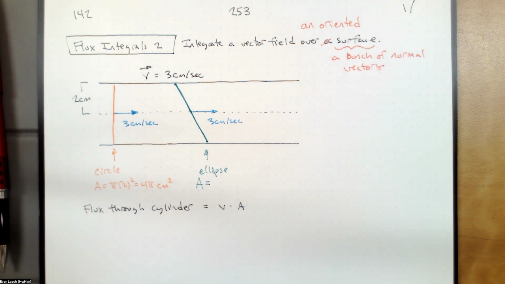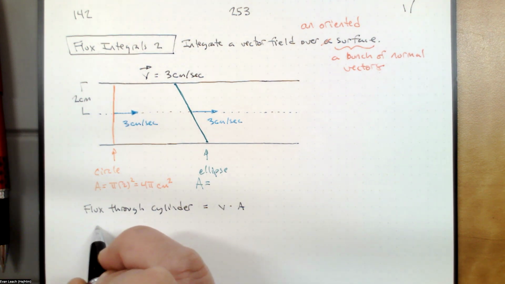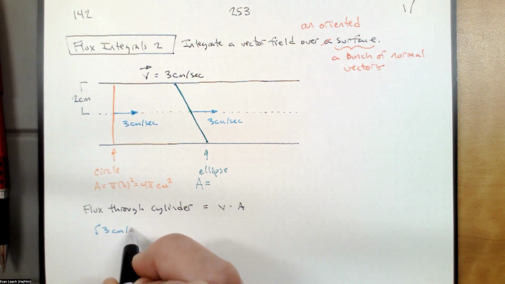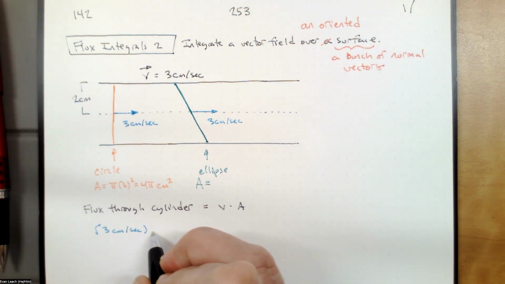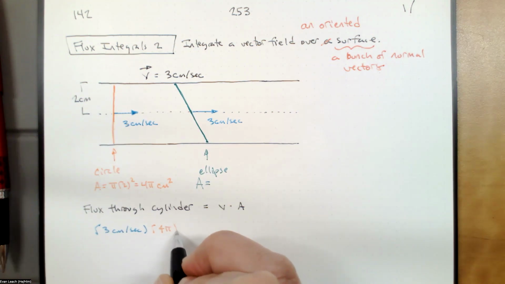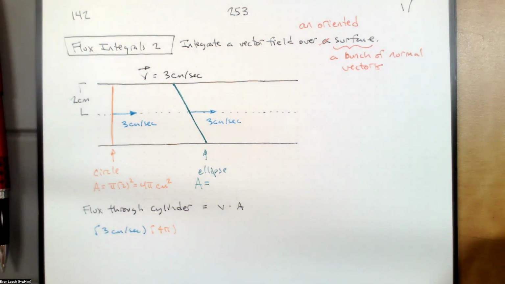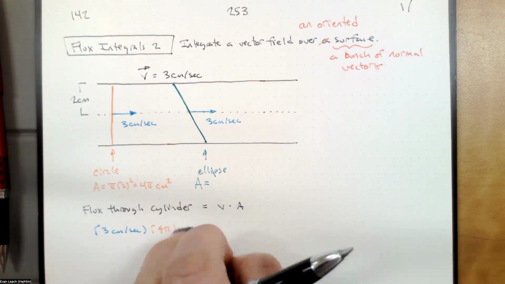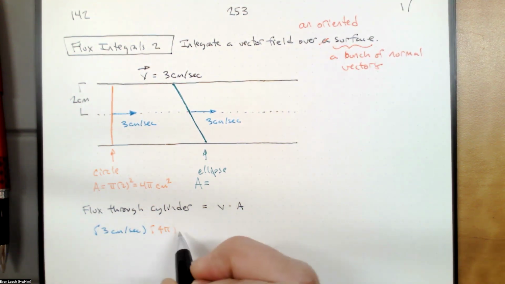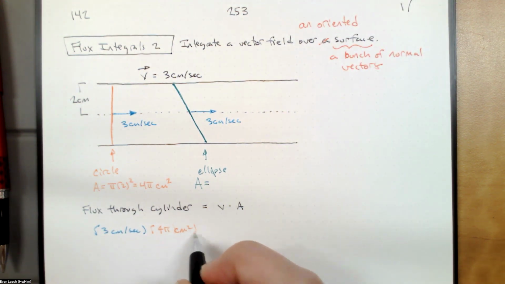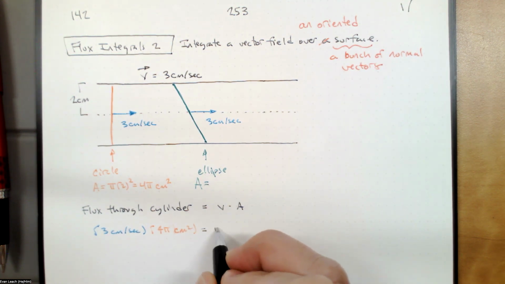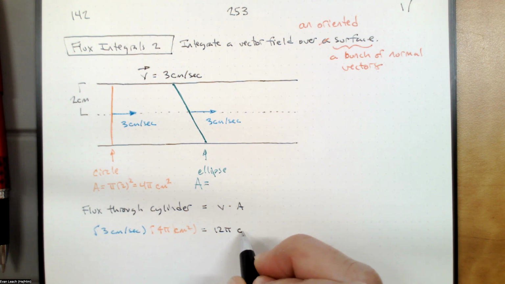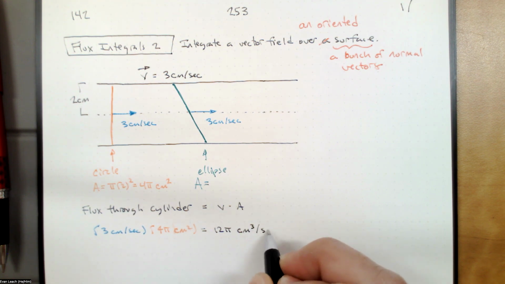So we'll take our 3 centimeter per second velocity and multiply by our 4 pi square centimeters, spelled C backwards. So the flux through the cylinder is 12 pi cubic centimeters per second.